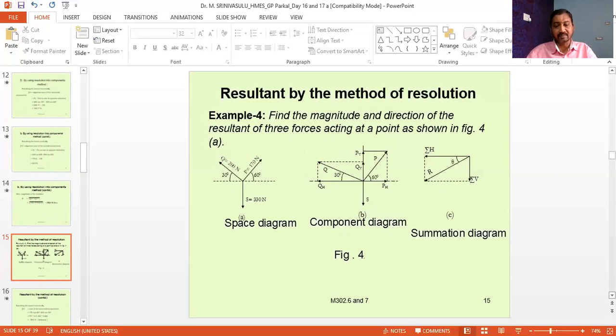Find the magnitude and direction of the resultant of three forces acting at a point as shown in the figure.